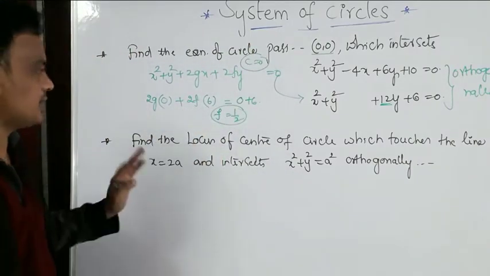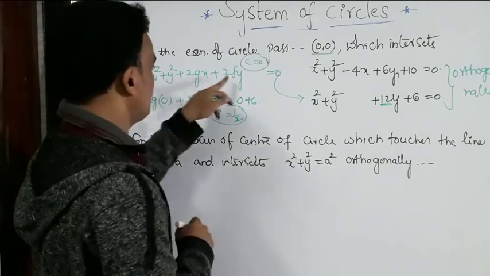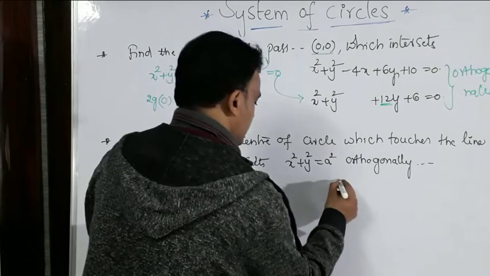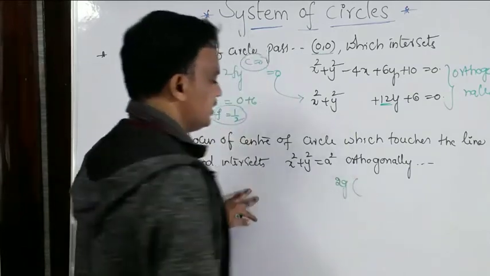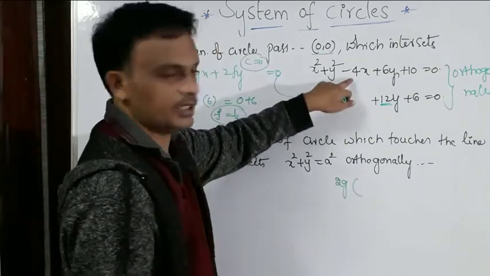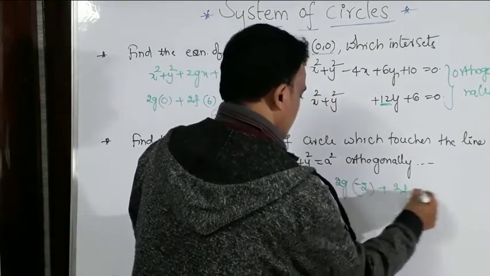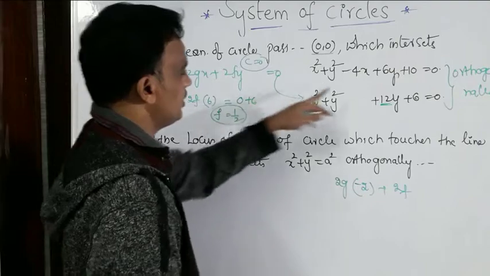Right or not? And again one more condition, the same circle intersects the first circle orthogonally. Again you can use this condition, 2g into g dash. What is the g dash value? Minus 2, plus 2f into f dash value.